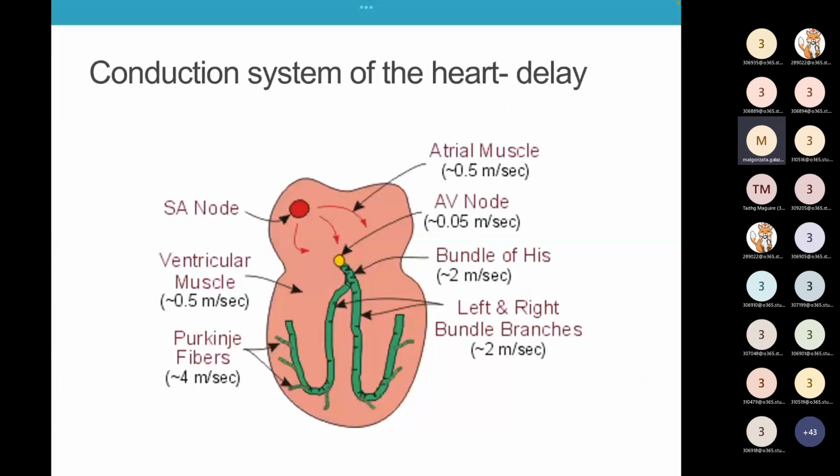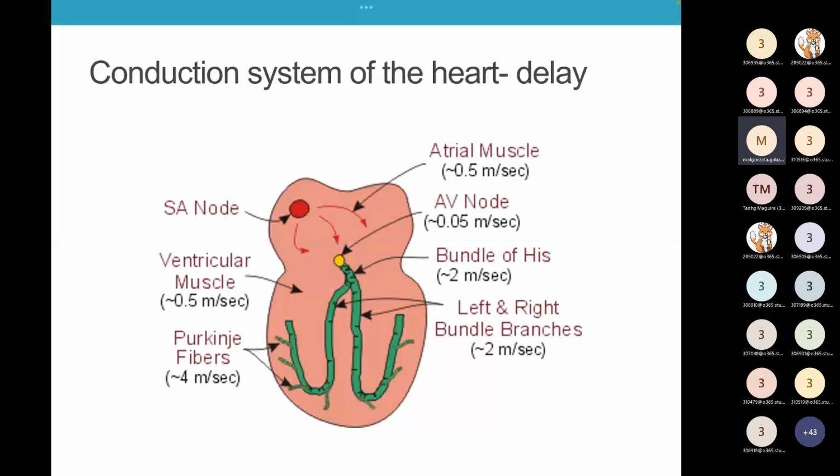Not only is the frequency of action potentials different in different parts of the conduction system of the heart. The action potential is also conducted in different parts of the conduction system with different velocity. As you can see over here, the slowest velocity of conduction is observed in the atrioventricular node.